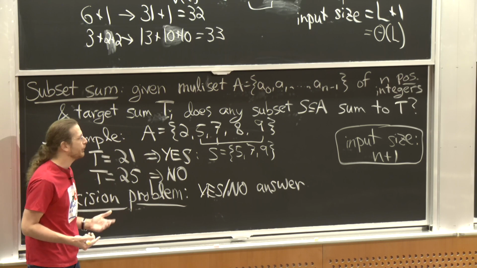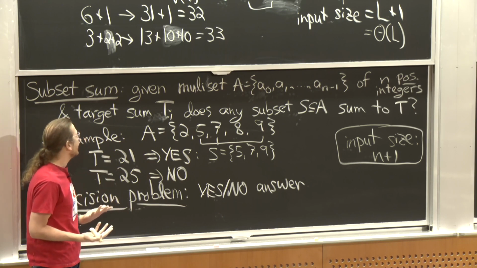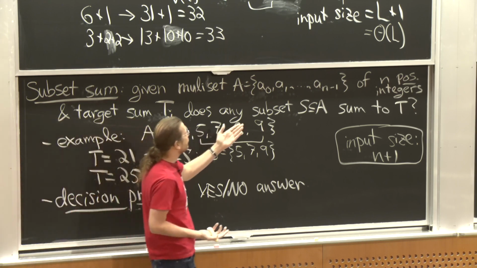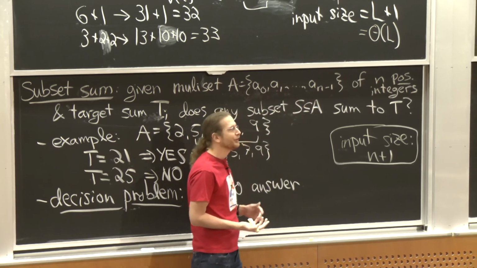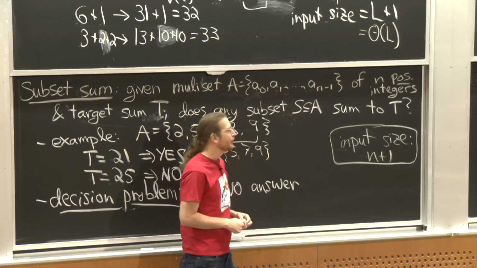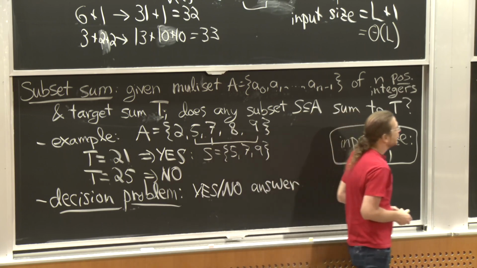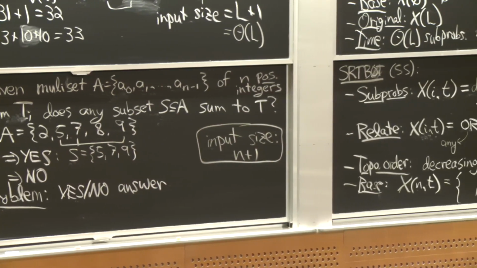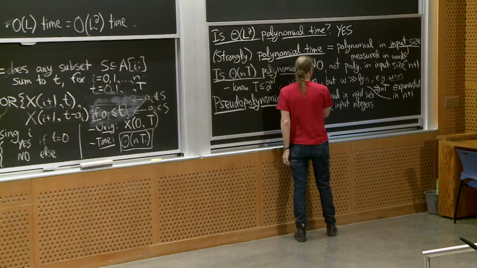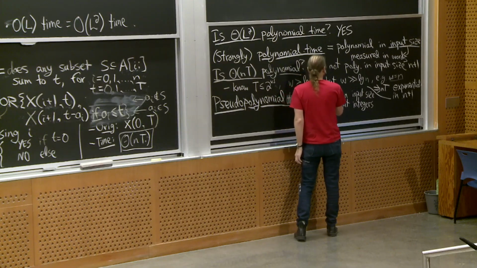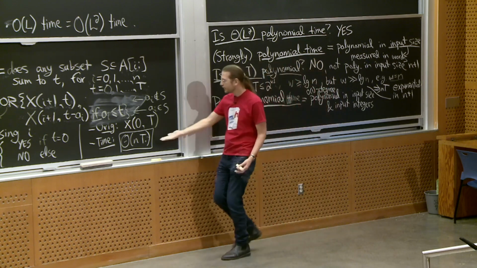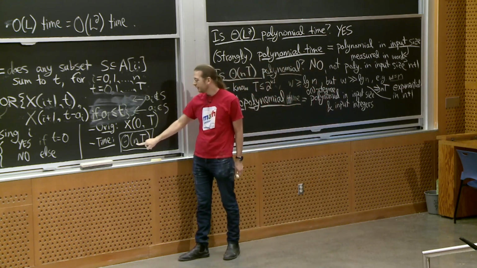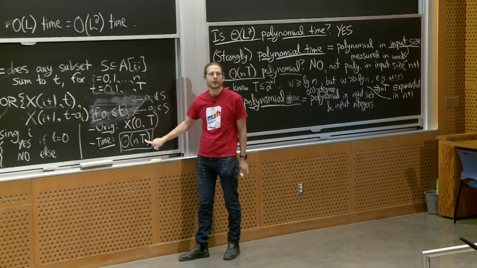And we want to be polynomial in them. So we're allowed to take some constant power of capital T and some constant number of the a_i's. We can't just take the product of all of them. That would be big. So I guess I should say, constant degree polynomial. And indeed, you might call this a quadratic polynomial in the input size and in one of the numbers.